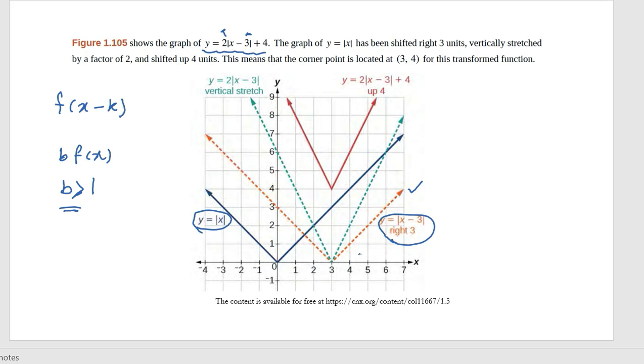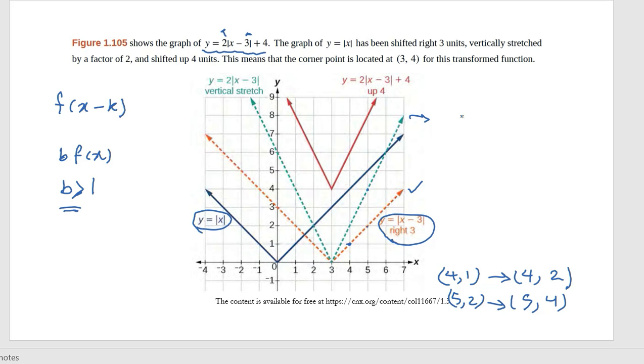So here we have 4 and 1, we go to 4 and 2 times 1. 5 and 4, 5 and 2, we go to 5 and 4.